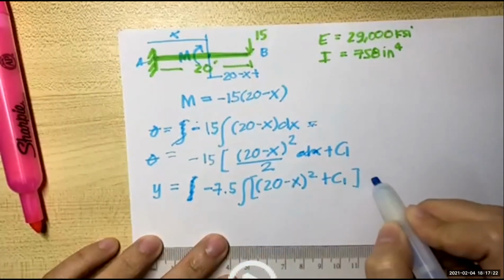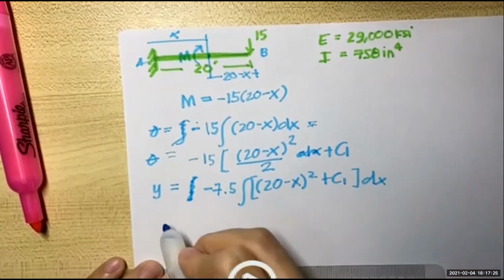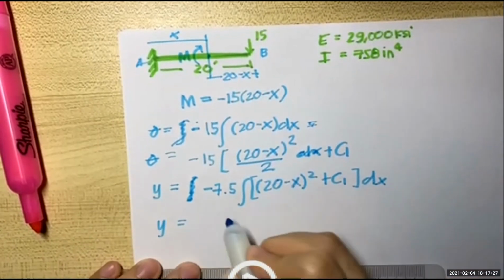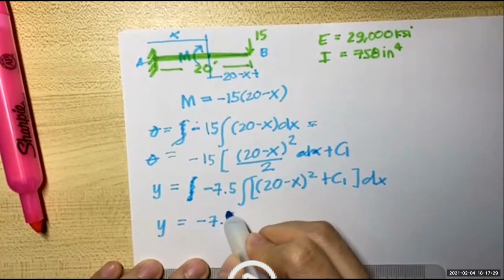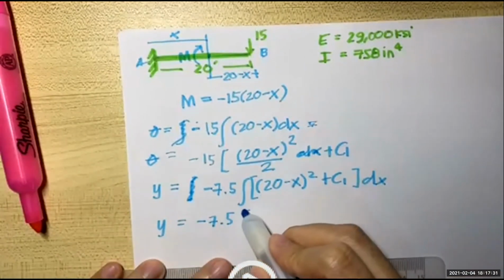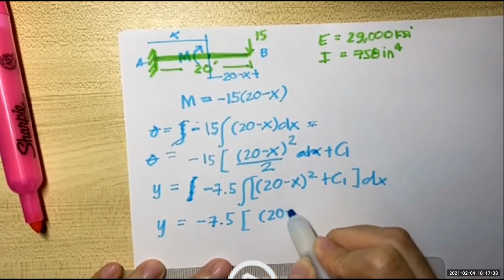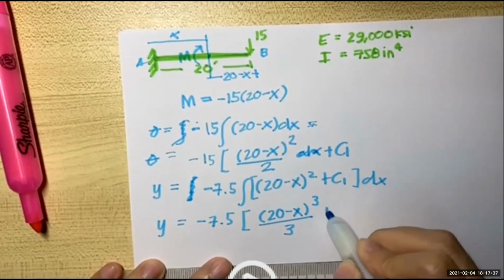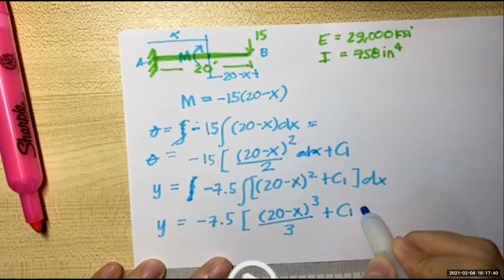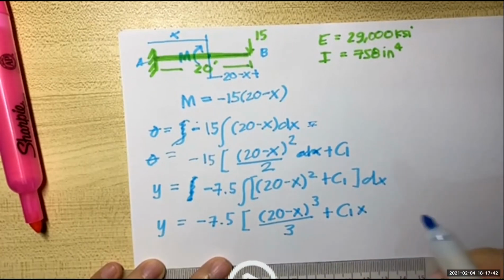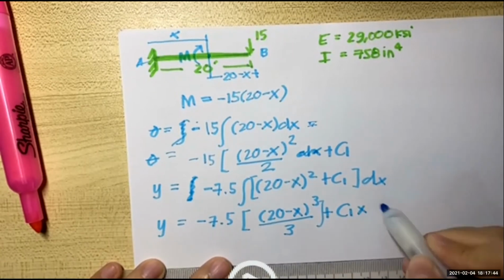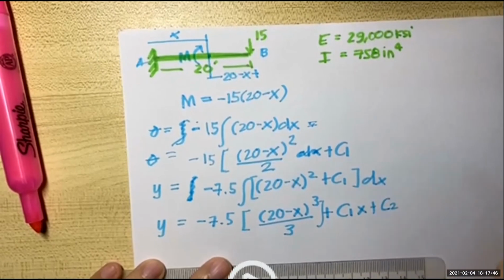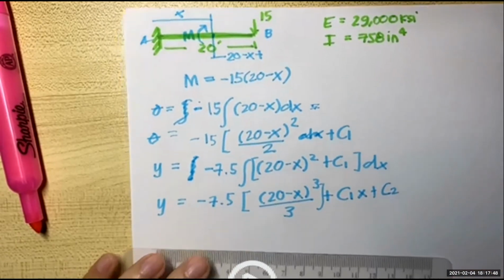This should dx. Tapos, so your y is equal to negative 7.5 times 20 minus x cubed over 3 plus c1x plus c2.